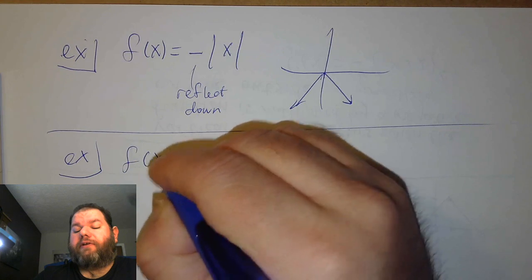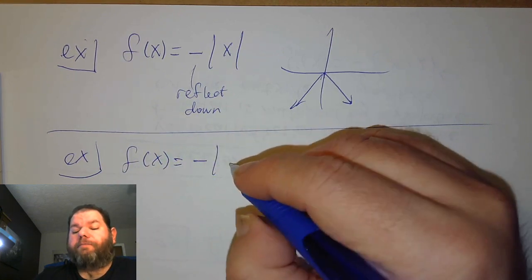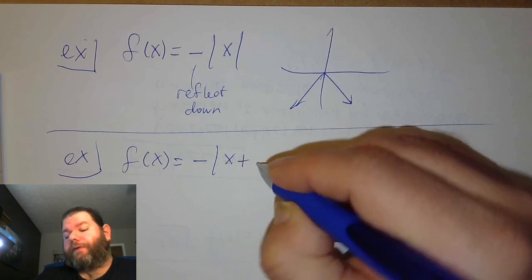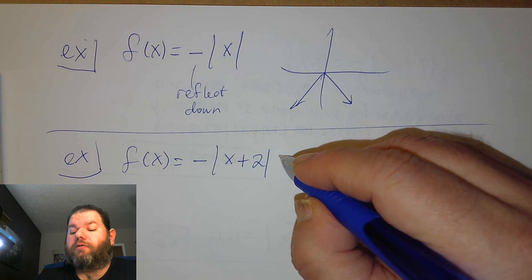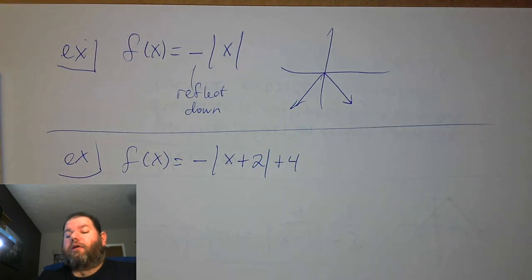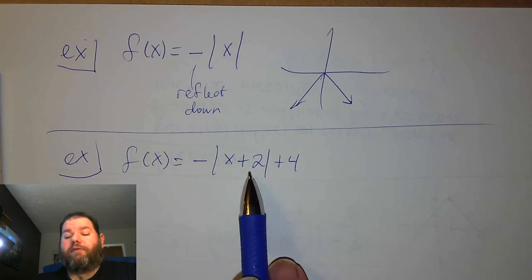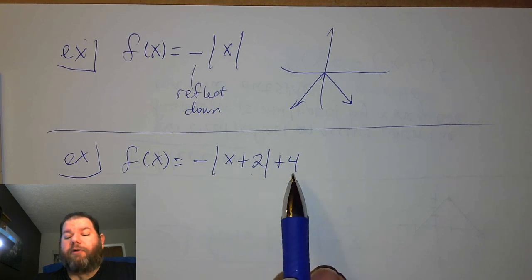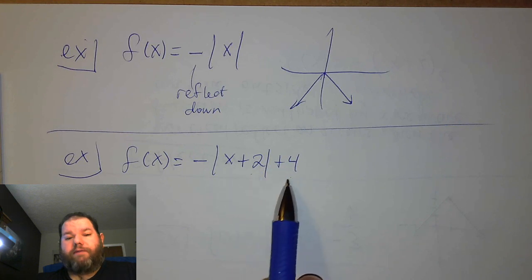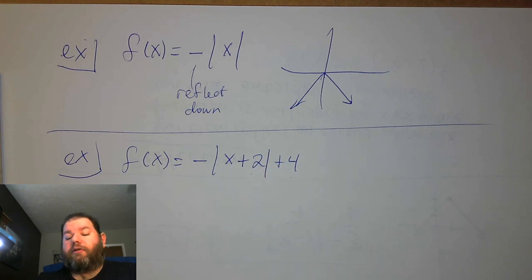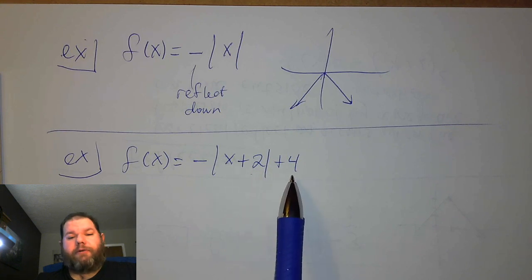Let's look at another example. This one will combine a few more components. We have a reflection, a horizontal shift, and a vertical shift. Which two directions are our shifts taking us here? Plus 2, is that left or right? And plus 4, is that up or down?